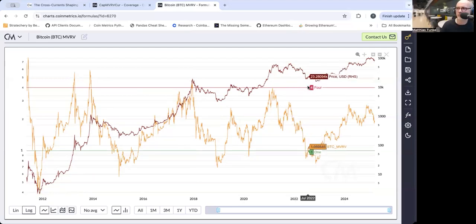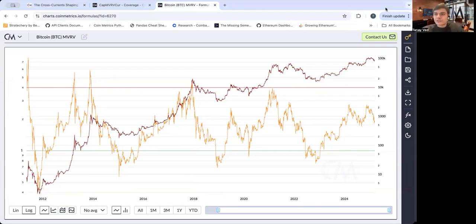Obviously we're not giving financial advice here, but what is this curve telling us right now? Right now, in this cycle, we're in a pretty unique position. We ran up beyond the previous all-time high when we crossed 67,000 early in March, and at that point MVRV peaked at about 2.7.